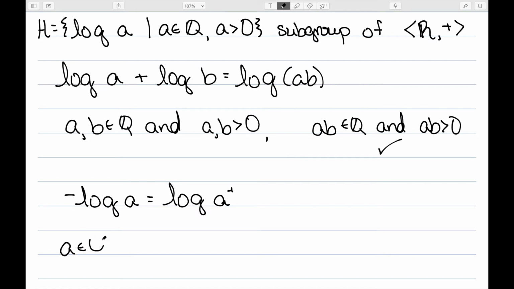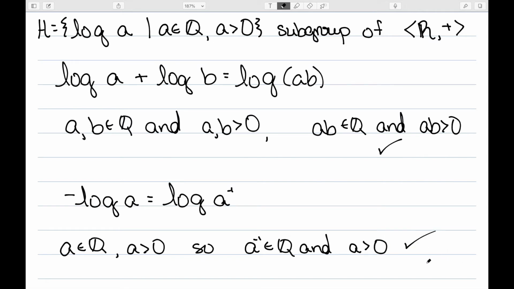Well, since log of A is in H, we know A is a rational number and it's greater than 0. The inverse of a rational number is still rational. And since taking the inverse of a rational number is just the reciprocal, signs will not change, so A is still positive. So yes, this is a subgroup.